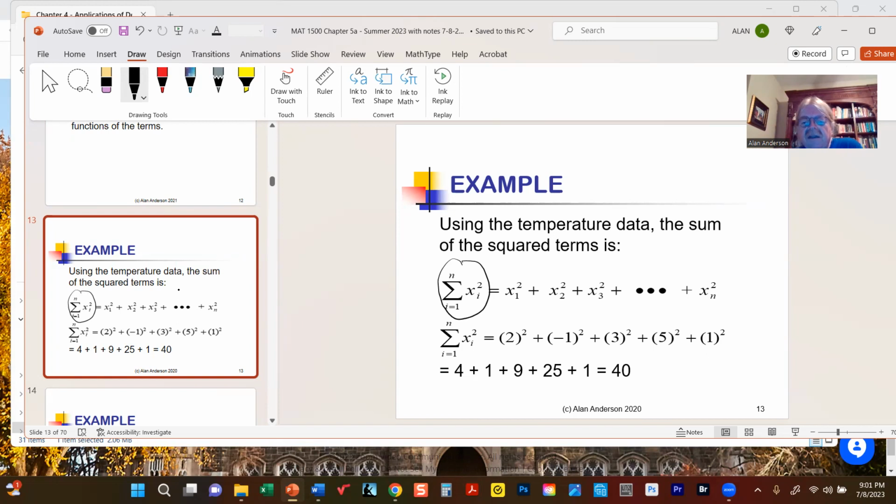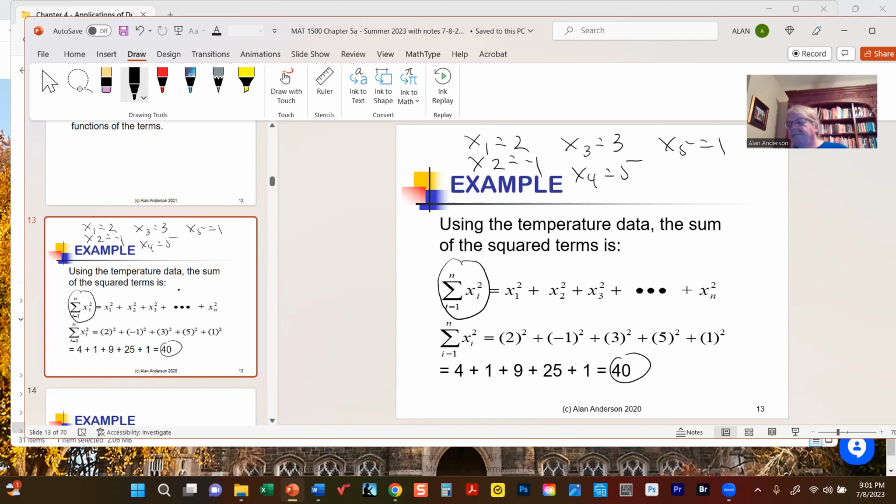So using that same data I had before. And before, remember, we just simply added them up. Now we want the sum of the squares. So you'll have 2 squared plus -1 squared plus 3 squared plus 5 squared plus 1 squared. And that turns out to be 40 instead of 10.